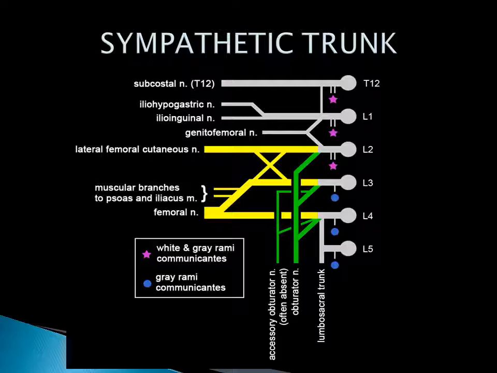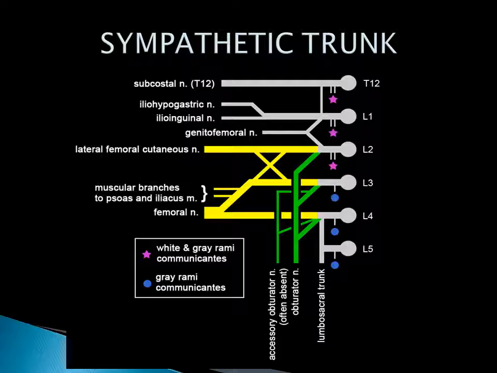Well, below the level of approximately L1 or L2, and in this example we're using L2 as our lowest level of sympathetic outflow, below the level of L2 we no longer see white ramus communicantes. We only see gray ramus communicantes leaving from the sympathetic ganglion, and the sympathetic ganglia continue to descend way down into the sacral region, where the left and right sympathetic chains join in the midline.